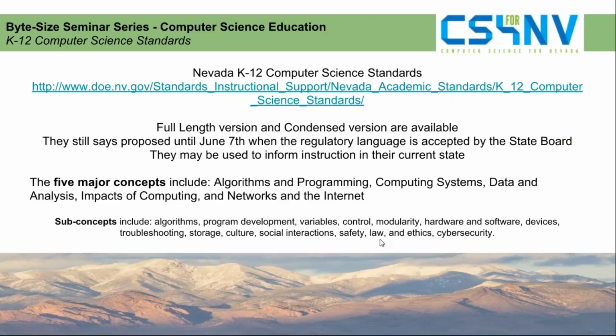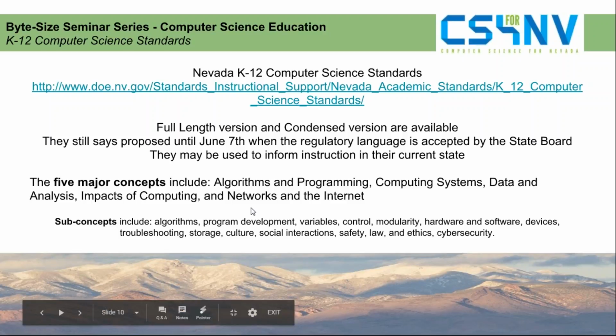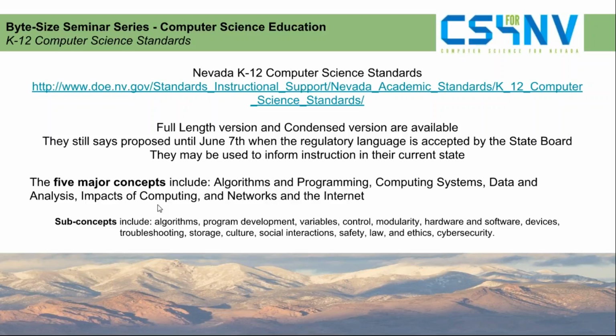So the standards, again, those are posted. There's a full-length version. How they were written is with your K through 5, particularly. They are broken down by grade level. If you're looking at your kindergarten standards, then you have these 5 major concepts: algorithms and programming, computing systems, data and analysis, impacts of computing, and then networks and the internet.